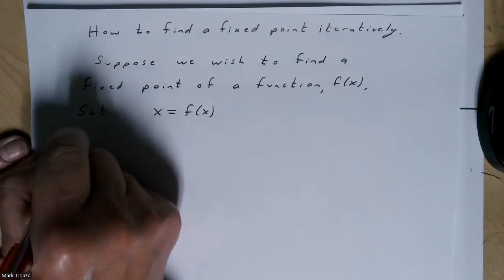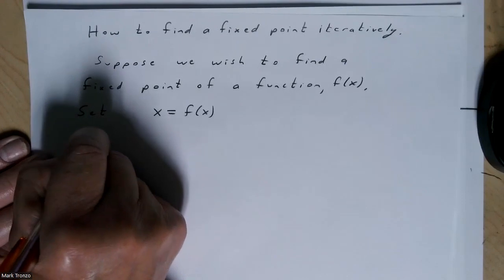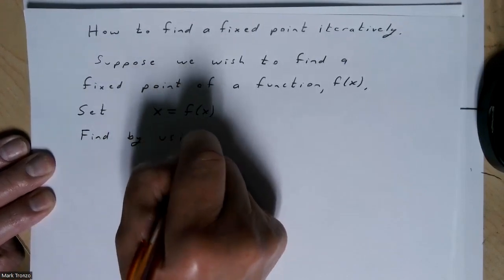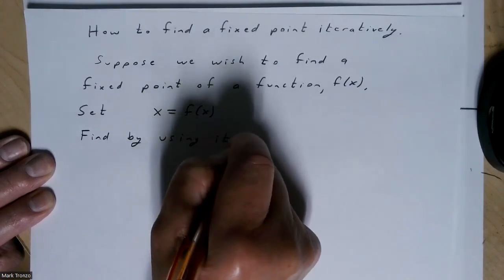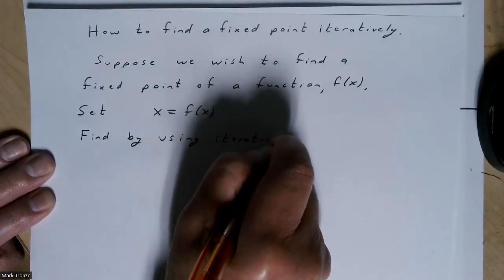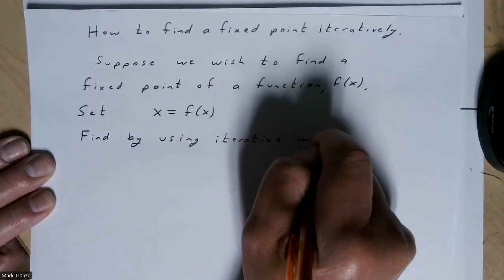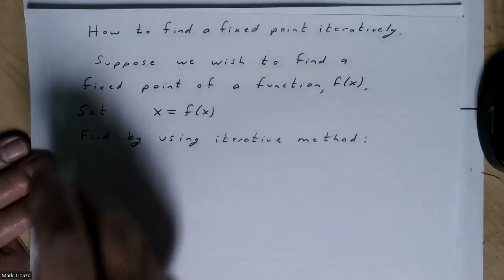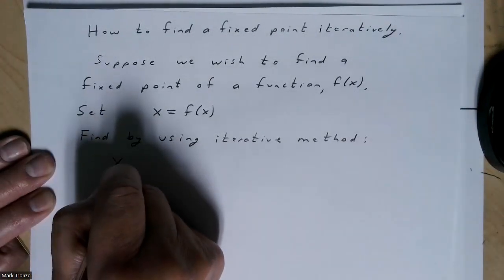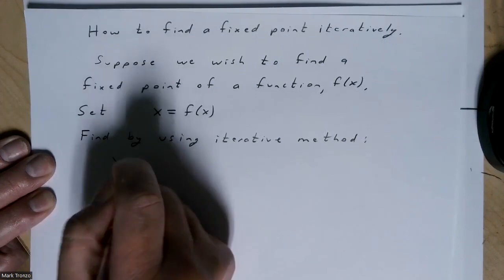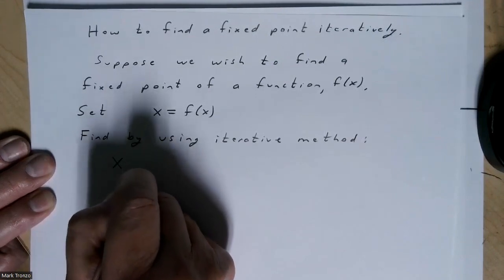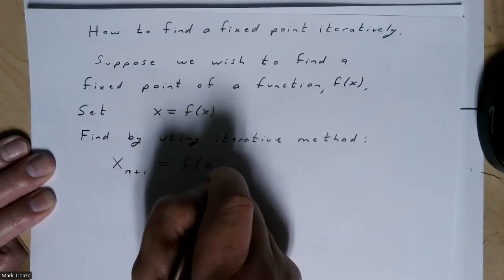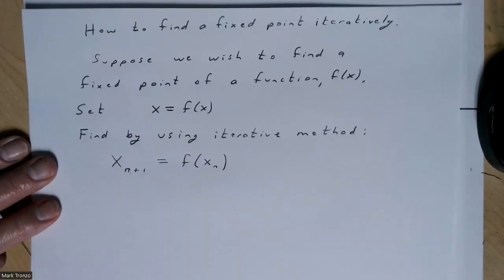So we can find it by using the iterative method. And again, if you're familiar with the iterative method, let's say we have x of n plus 1 equals f of x of n, like this.